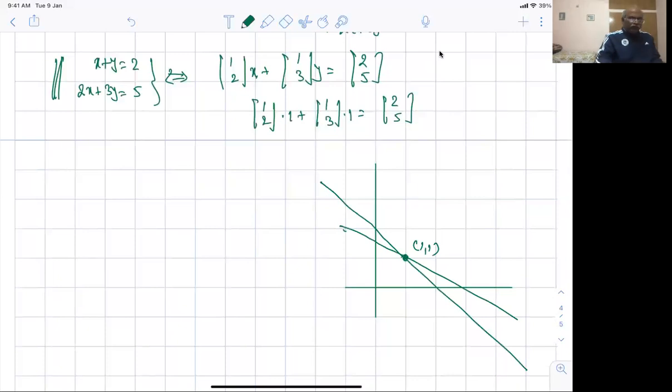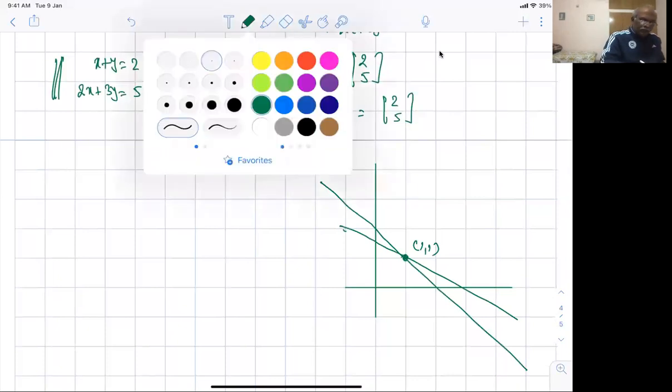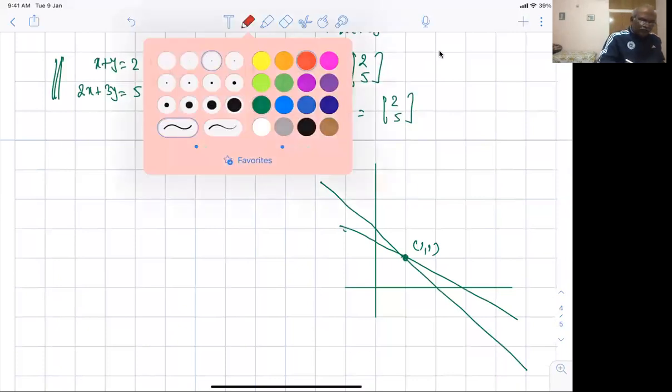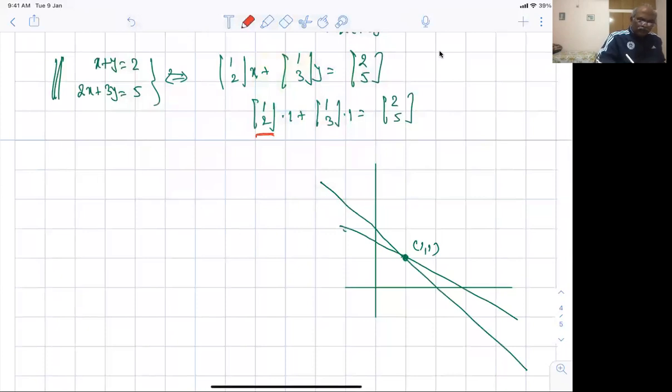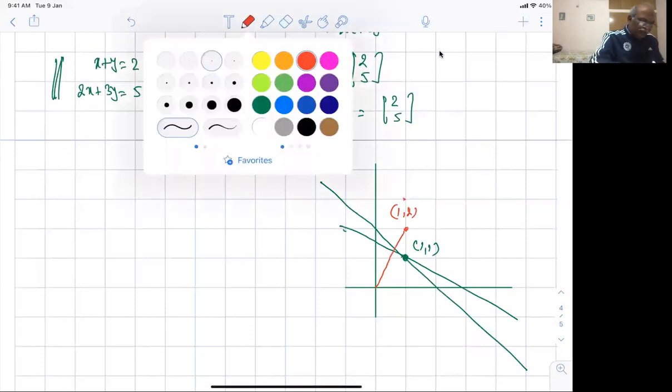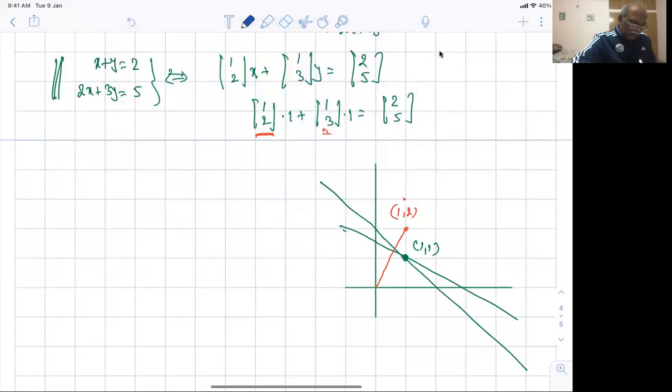Fine. So what I'm trying to say here is, look at the vector (1, 2). It is 1 here, 2 here. This is the vector (1, 2) for us. And (1, 3) is here; let me write it with a different ink. This is my (1, 3).